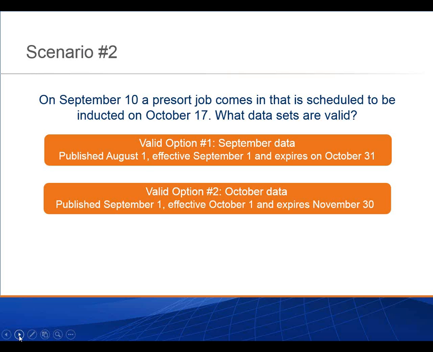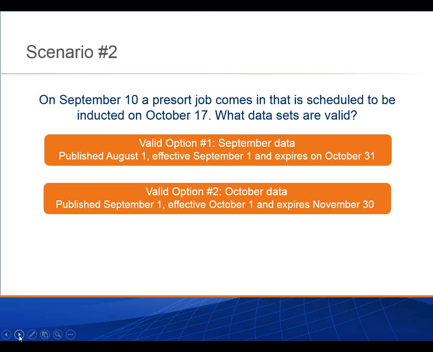So the first one is, job comes in September 10th. I could use September data, because September data is good for September and October, and October 17th falls in that window. The other thing that I could do is, by September 10th, I should have the new October data.